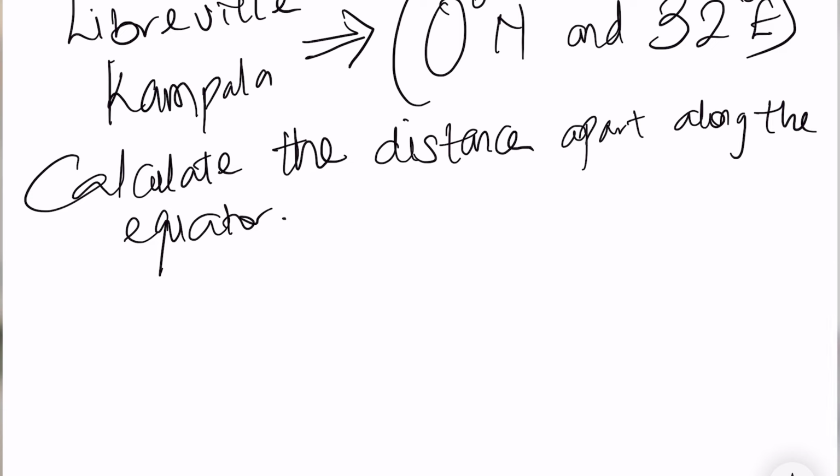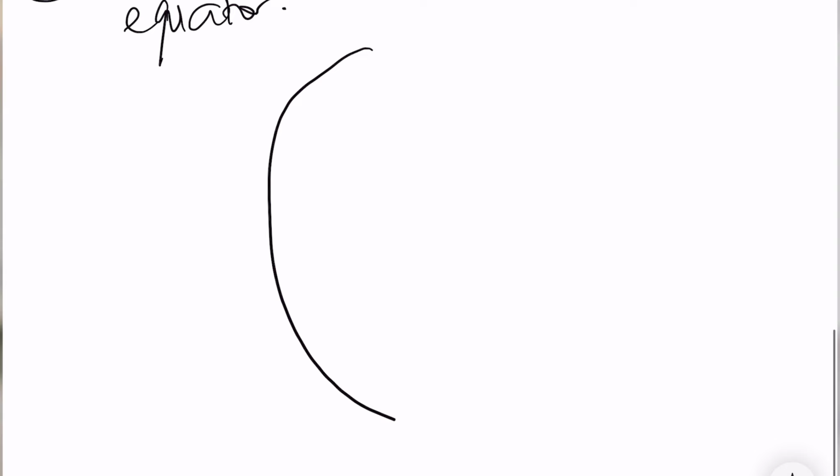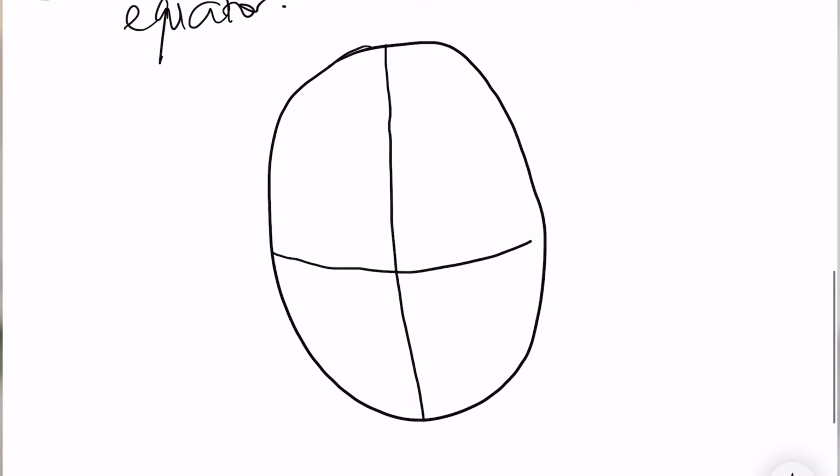So first things first, we will draw a diagram showing the cross-sectional part of the equator. Now we draw our circle, dividing it into two. Then we have our equator, and you can also draw it like this.